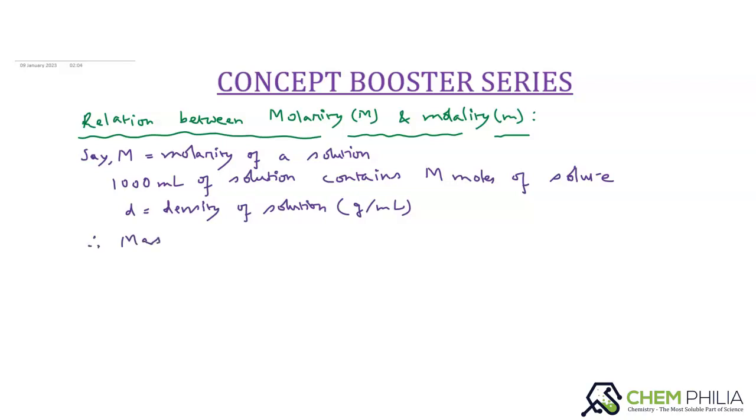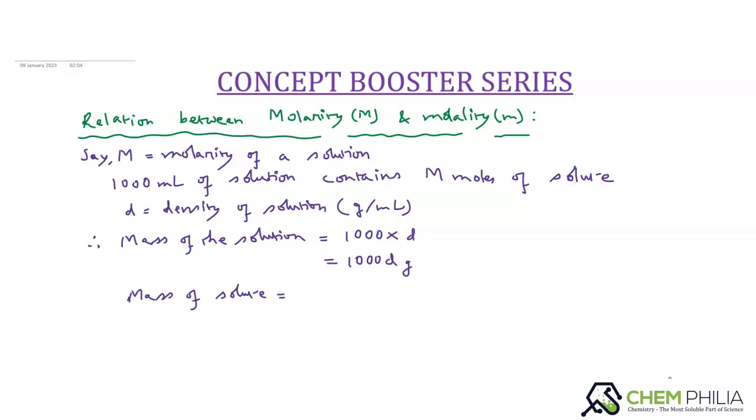So therefore mass of the solution, now you know that mass is equal to what? Volume into density. So what is the volume? 1000. And what is the density? D. So it's 1000 d gram. Here that is the mass of the solution, and mass of solute.